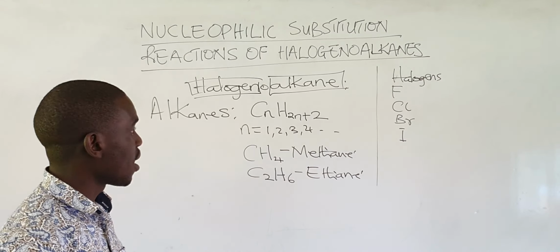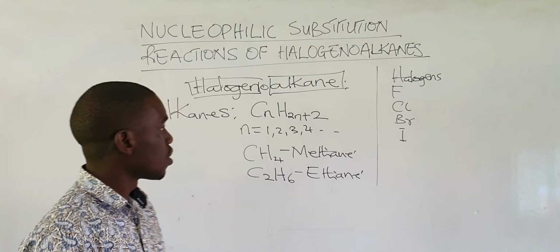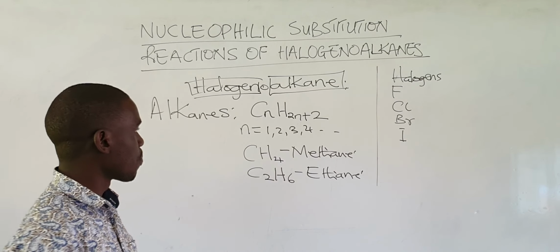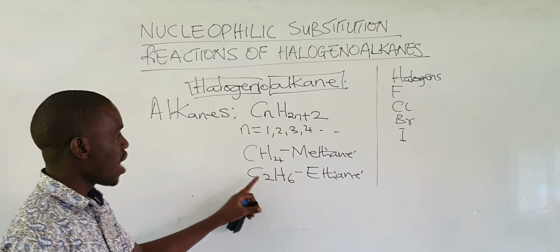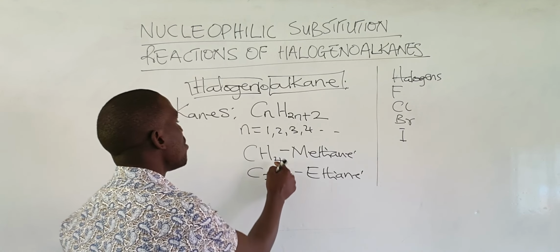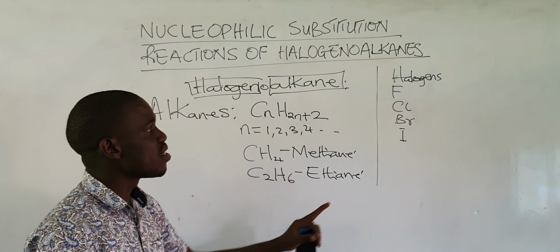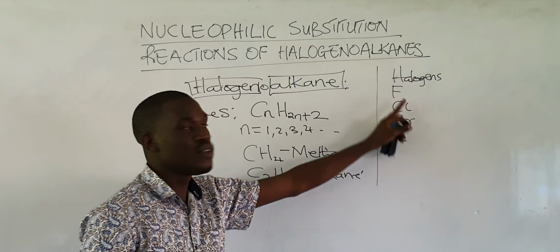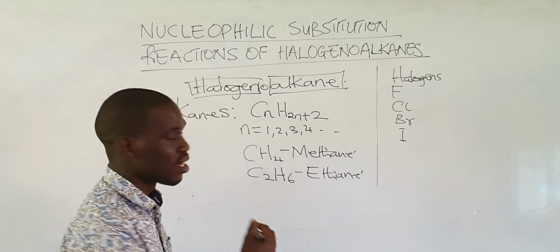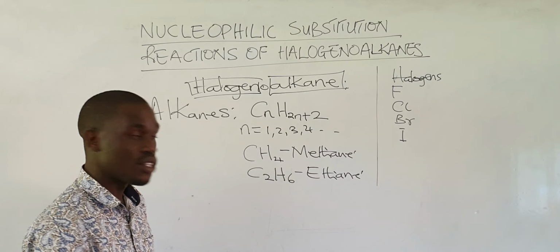All those are halogens, elements of group 17. Now, if you take an alkane and remove one hydrogen and replace it with any of these halogens, the compound that is formed is called a halogenoalkane.